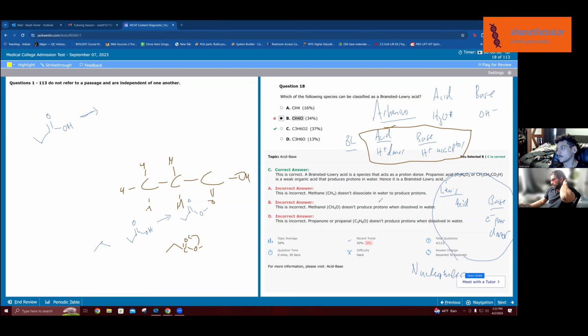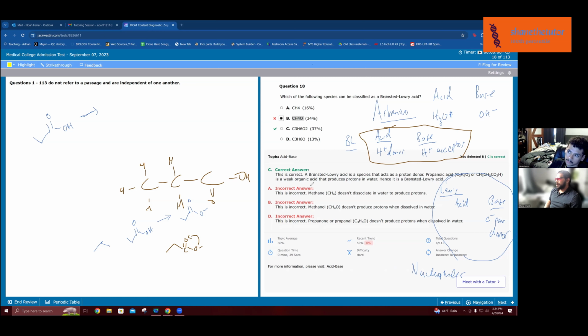In organic chem, you're going to be using the Lewis definitions for nucleophiles and electrophiles. But generally speaking, if they talk about acidity or basicity, it's going to be the Bronsted-Lowry definition.